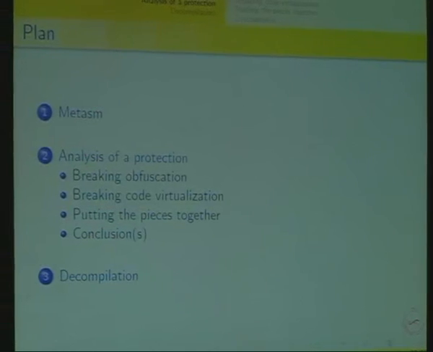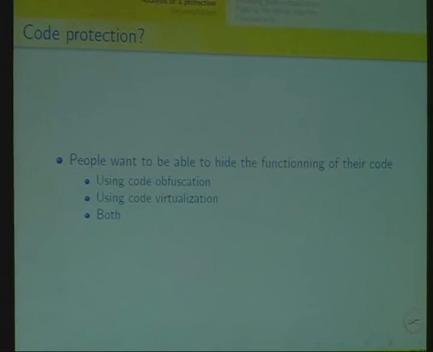Okay, so now we've seen most interesting features of Metasm. We'll get into the analysis of the protection. So first, what is code protection? There are many people that want to hide the functioning of their code.